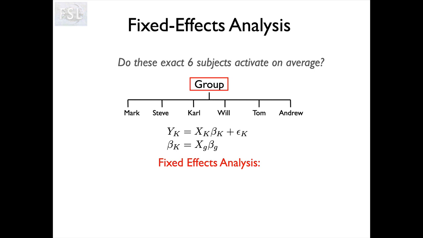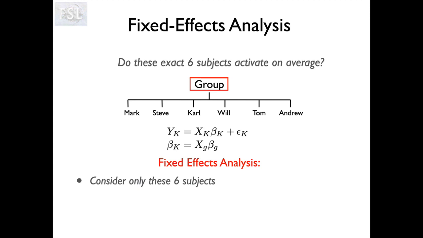And so the fixed effects analysis has 2 different levels. We've done an analysis of the MRI data at the first level, that's what the Y was. And then at the second level, we've just taken the average of all of the effect sizes that we found from our first level GLMs. But it only really considers these 6 subjects.